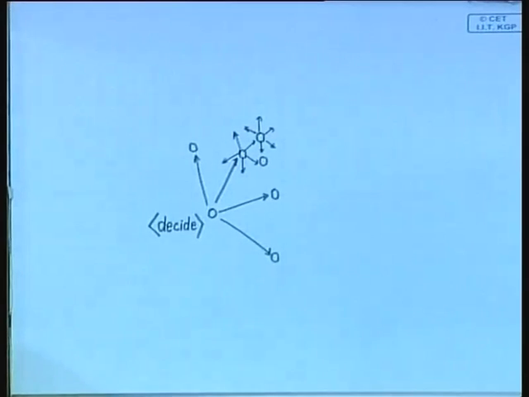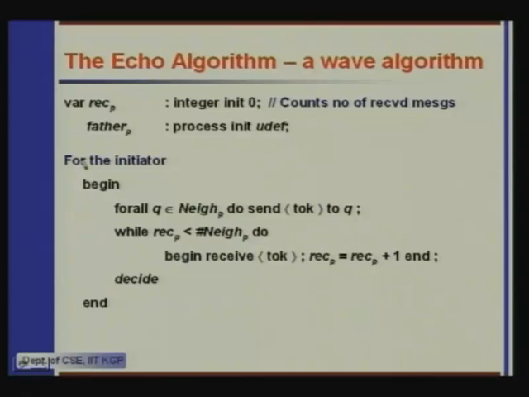Okay, so let us take an example of a wave algorithm. So, this is a simple echo algorithm. The algorithm is going to send out a wave which will reach all the nodes, and then the wave is going to come back to the originator, and when the wave has subsided, that is there is no more waves, then the algorithm will terminate.